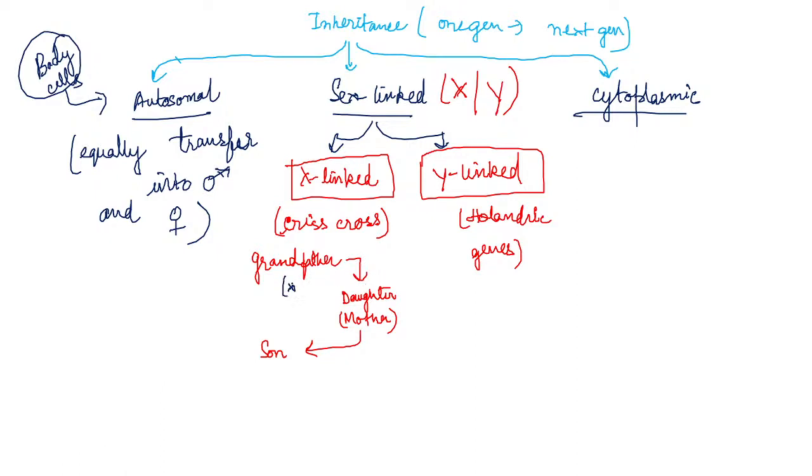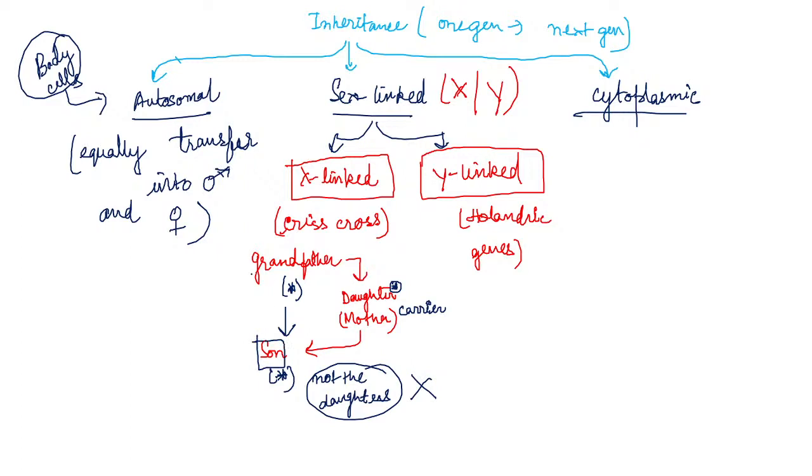Grandfather has, suppose, this gene. Daughter or your mother will carry this gene. Okay, your mother is the carrier of this blue colored gene, and the son will have it. The son of the mother will have it, but not the daughters. Daughters will not have it. Only the son will have it.